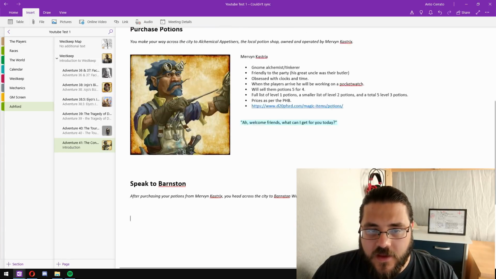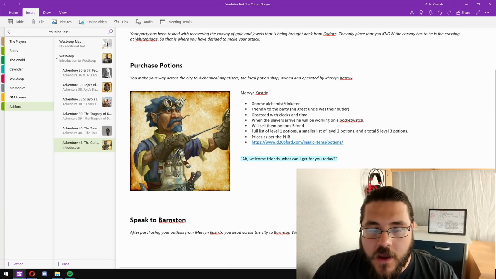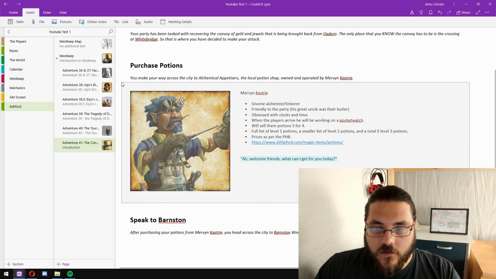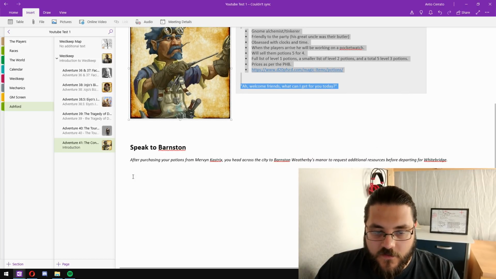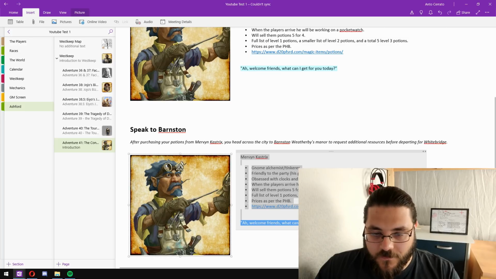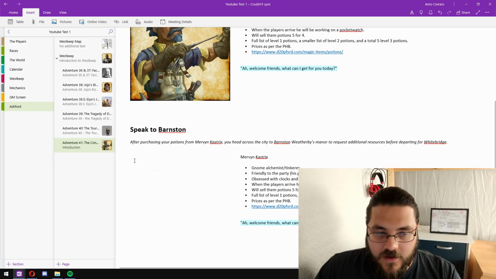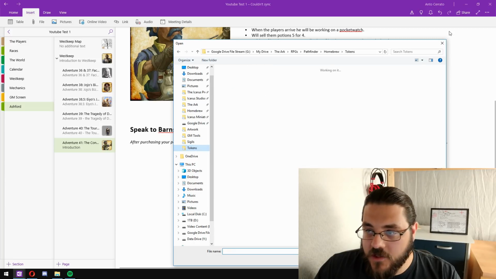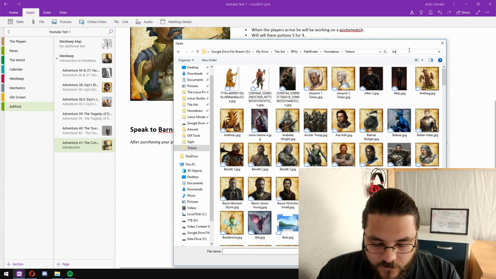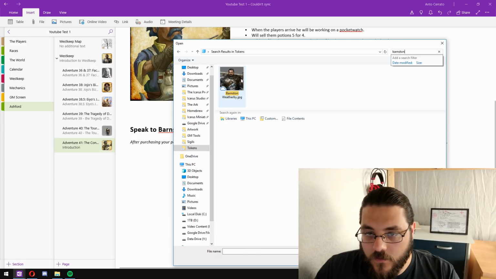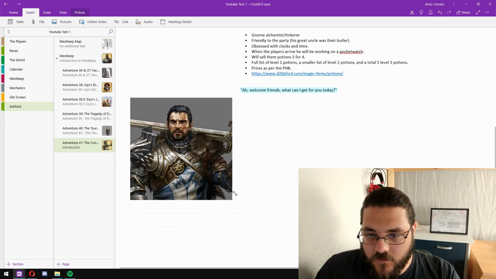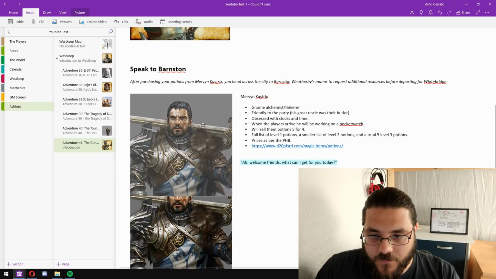and then same as Mervyn, what we're going to do is put a picture of Barnston and his key traits in. So all I'm going to do is copy Mervyn's section, delete his picture, and then paste in the picture of Barnston. And then just resize that so it's not quite so huge.